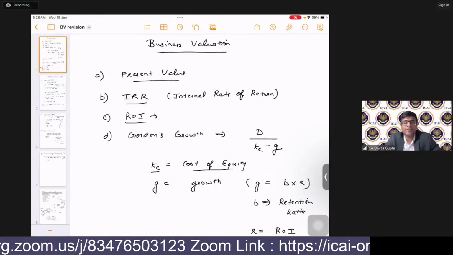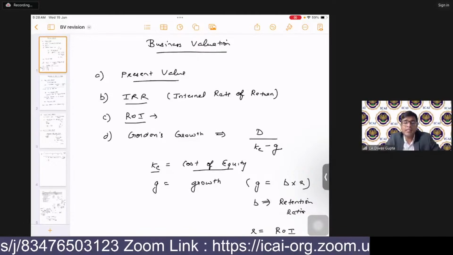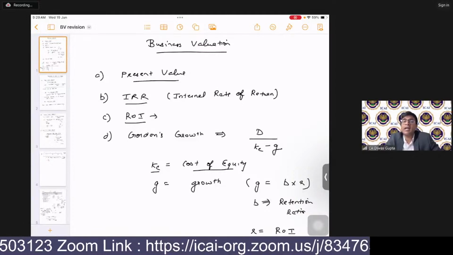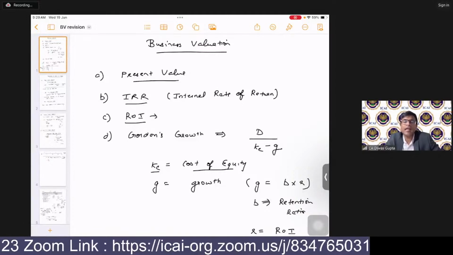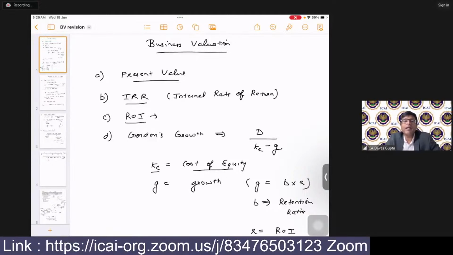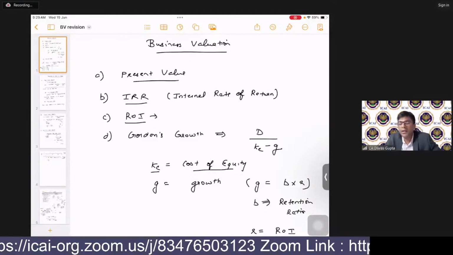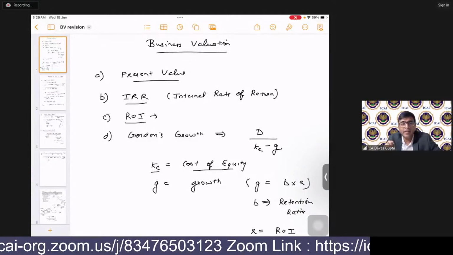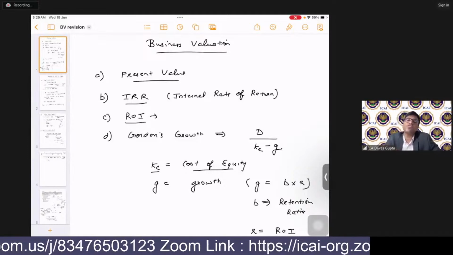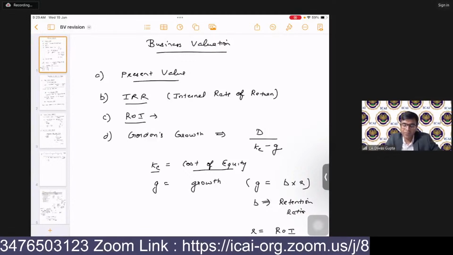Similarly, Ind AS 103, business combinations, tells you to value the entire business that you are purchasing and allocate that value to each and every asset and liability. The point I'm trying to tell you is that business valuation is not restricted only to the current subject; it is very relevant in today's practical world in a lot of positions. So this is very, very important, students.